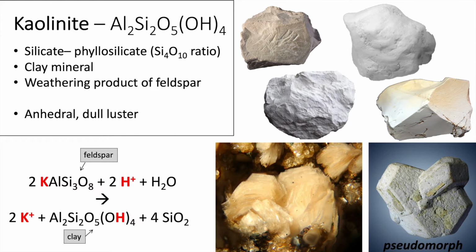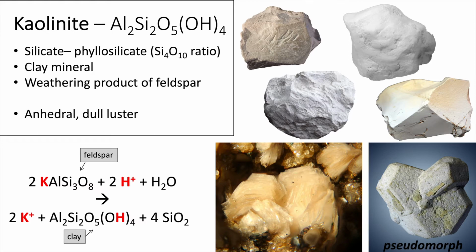It does have those layers, just the same way biotite and muscovite have those same layers. So even though you can't see that crystal structure in this massive anhedral case above, you can see it really nicely in this rare example here.